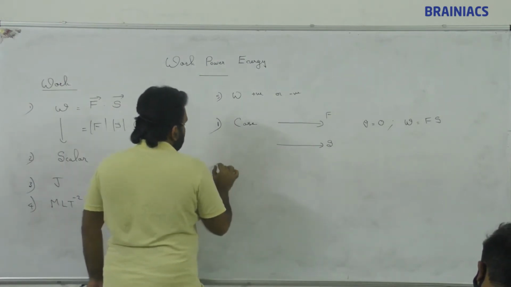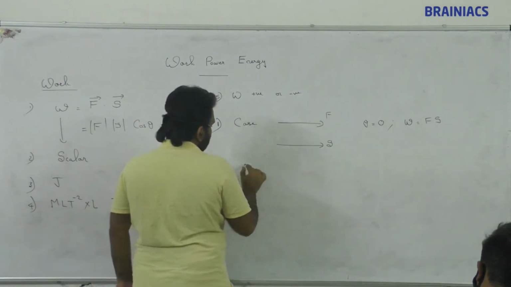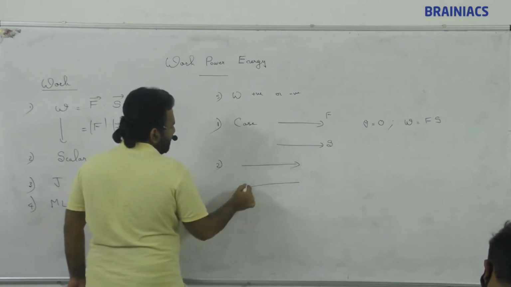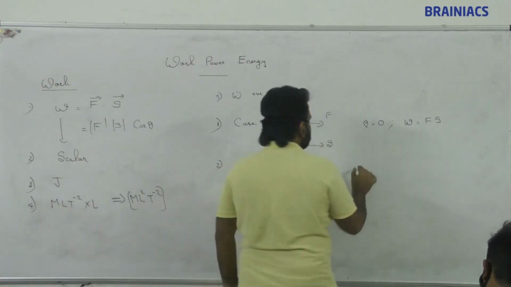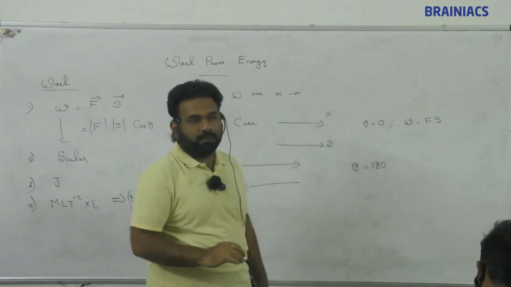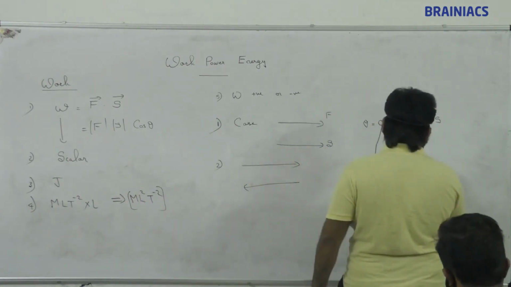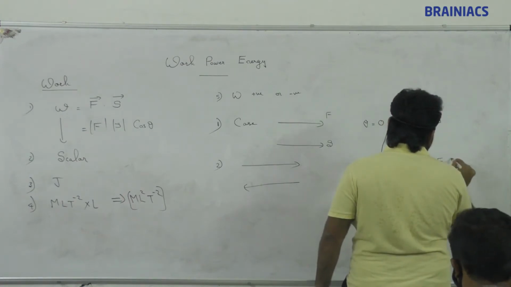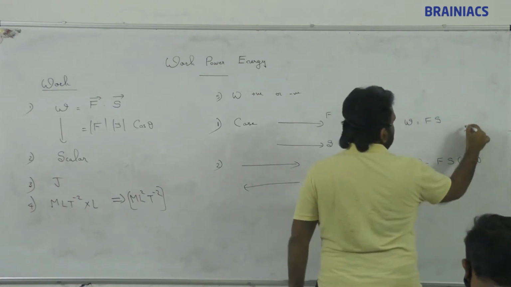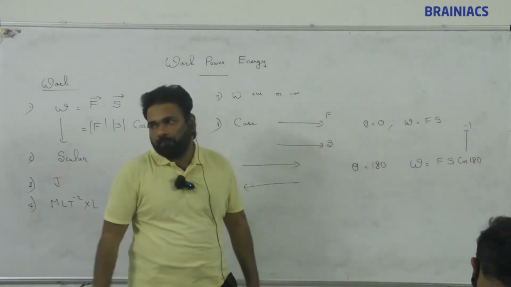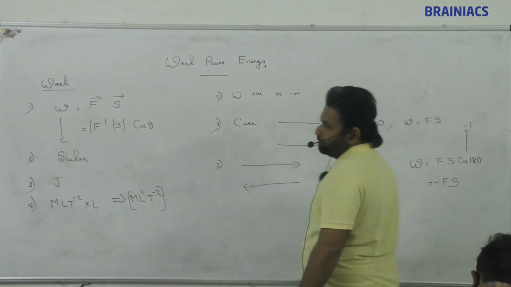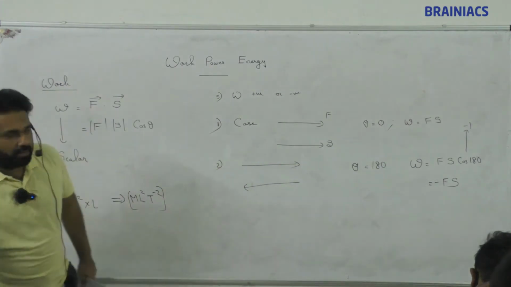Second case, if the force is in this direction and displacement is in the opposite direction, then what is theta? 180 degree, correct? In that case, cos 180. What is cos 180? Minus 1. So this is going to be minus F S.